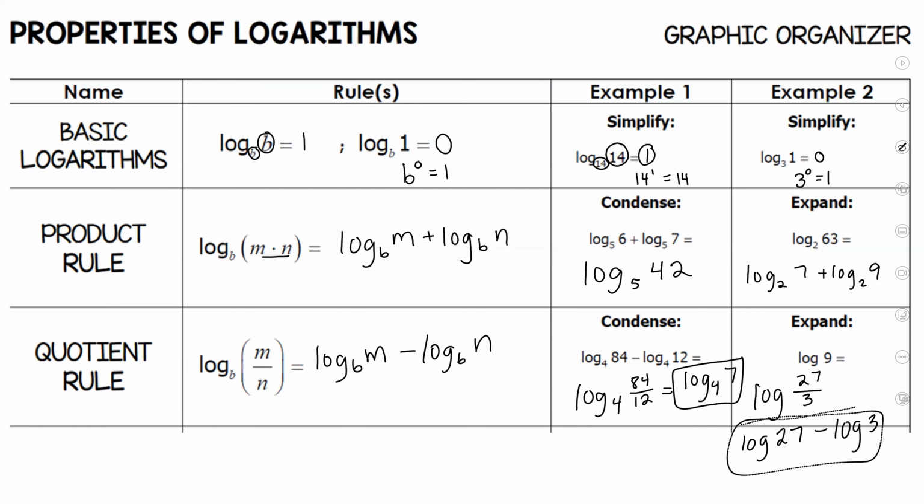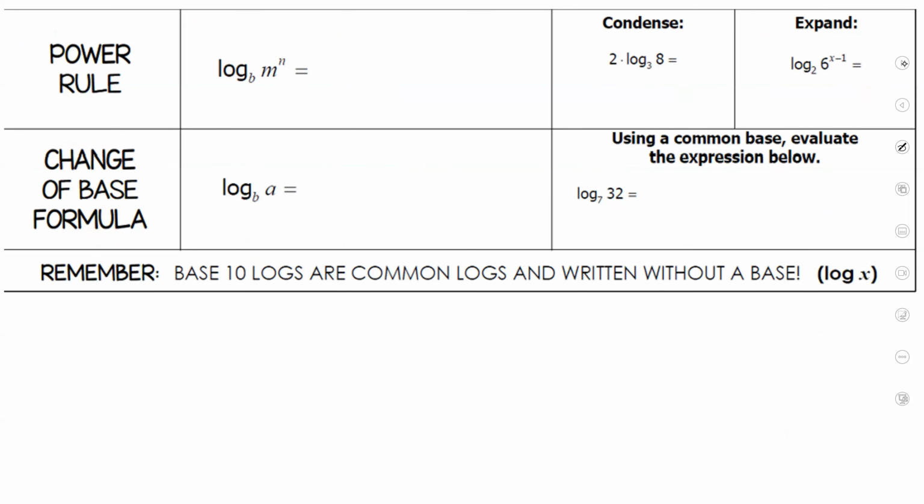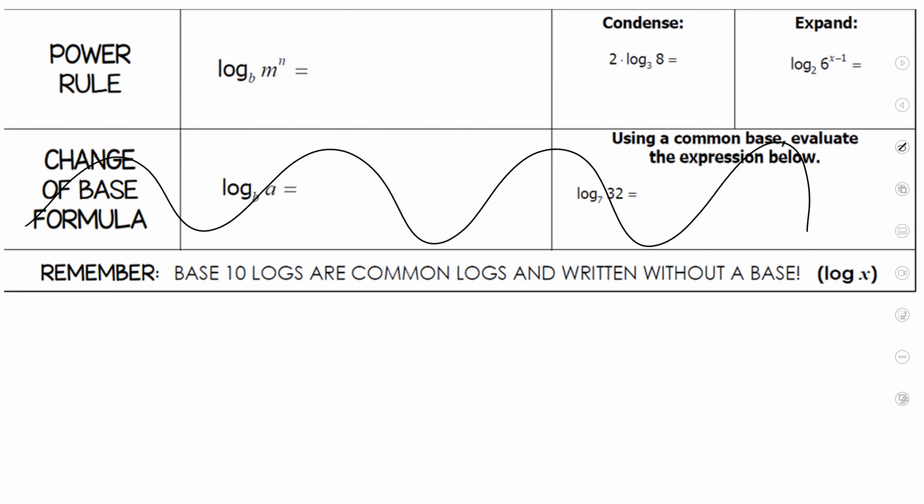Let's go ahead and move on to the power rule. And guys, we're not doing change of base this unit, so I'm just going to scribble this part out. Okay, so the power rule. When you have your log to the power of n, you can rewrite it as n being the coefficient, log base b of m.